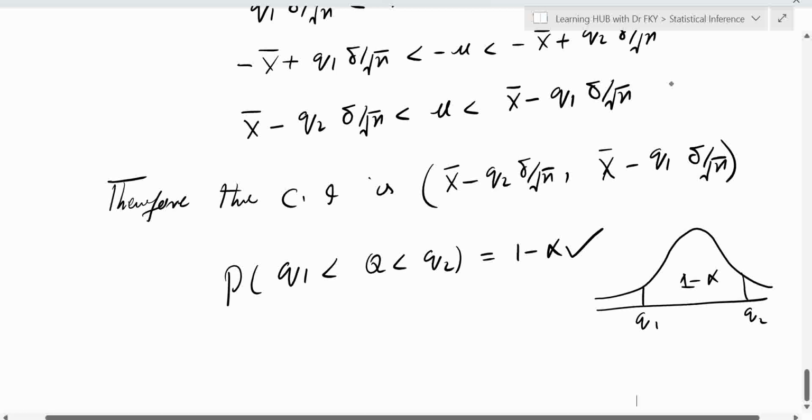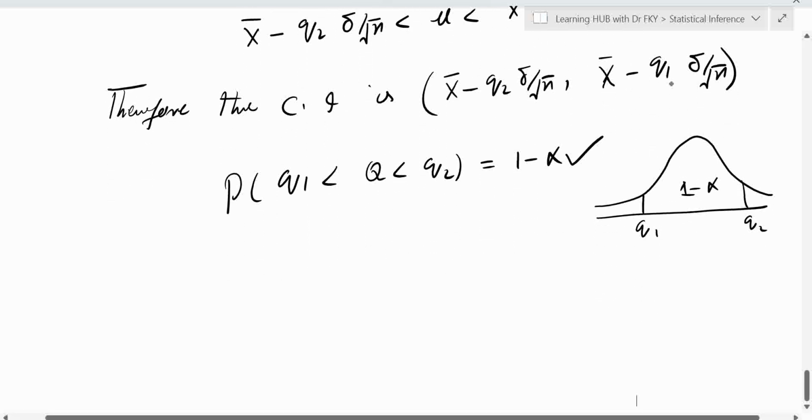To find the shortest, we need to calculate the length of this interval, and if the length is shortest, the confidence interval is the shortest.